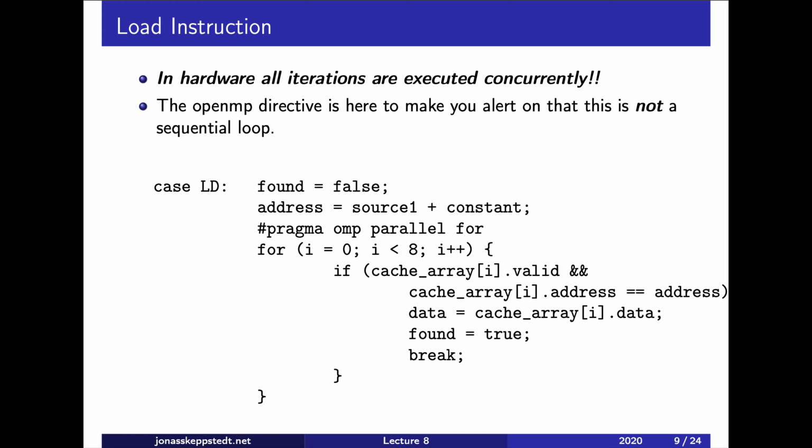That's why I am writing this as clear as I can. So first of all, we check if the element is valid and if the address matches. In that case, we fetch the data and say we found it, and skip this loop, which doesn't exist.